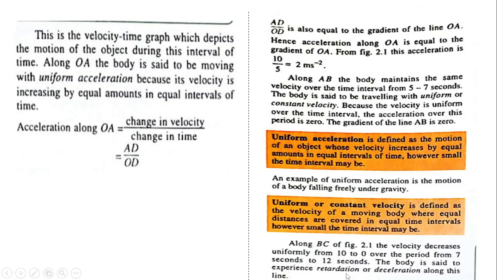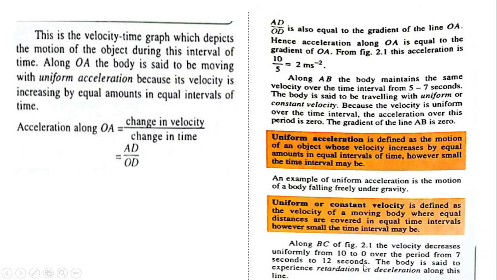Uniform deceleration means that the velocity decreases by equal amounts in equal times, no matter how small the times may be. But for uniform acceleration, it increases by equal amounts in equal intervals of time.